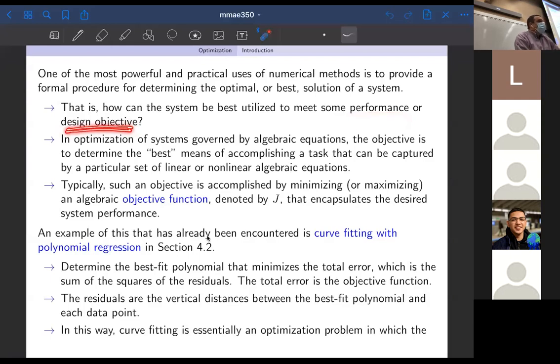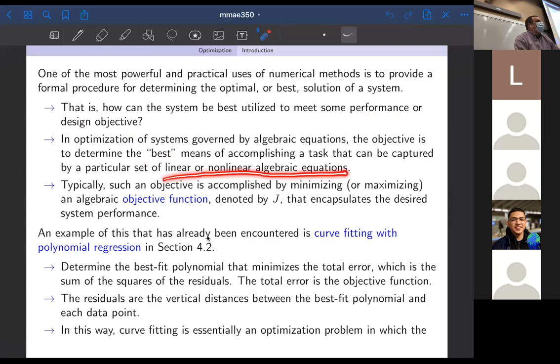We want it to do something really well. We want it to do it fast. We want it to do it cheaply, whatever the criteria might be. So we're looking for, again, the best means of accomplishing that particular task. The task itself is captured in some sort of linear or nonlinear algebraic equations.